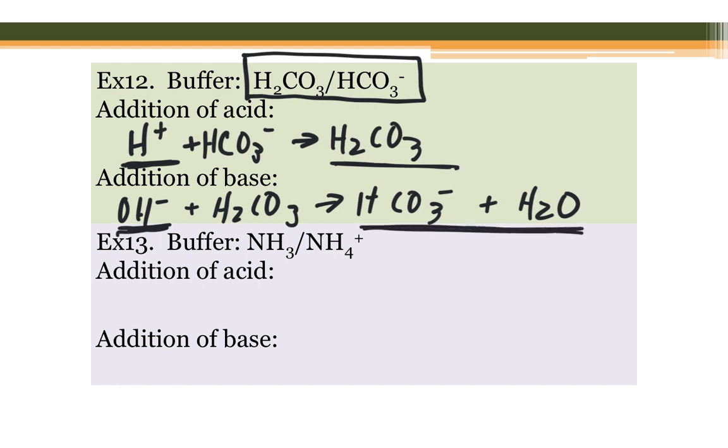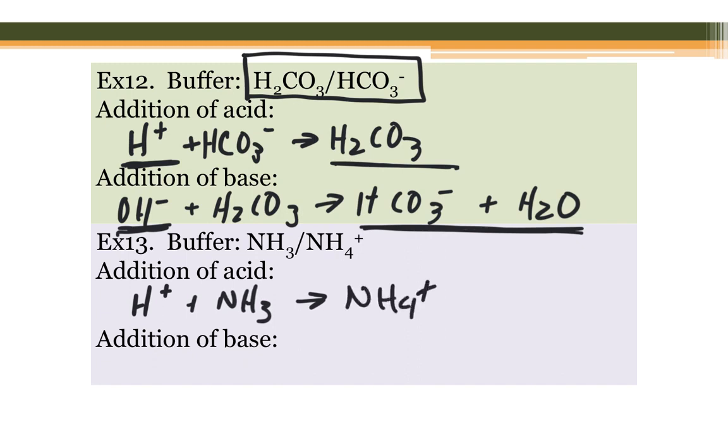So what this does is, if you have both of these things present, say in equal concentrations, it depends, but in certain concentrations, it will absorb hydrogen ions and it will absorb hydroxide ions and produce the other half of the buffer system. The same thing happens with the ammonium buffer system. If you add acid to it, it will combine with the NH3 and it will produce the other side, which is NH4+.